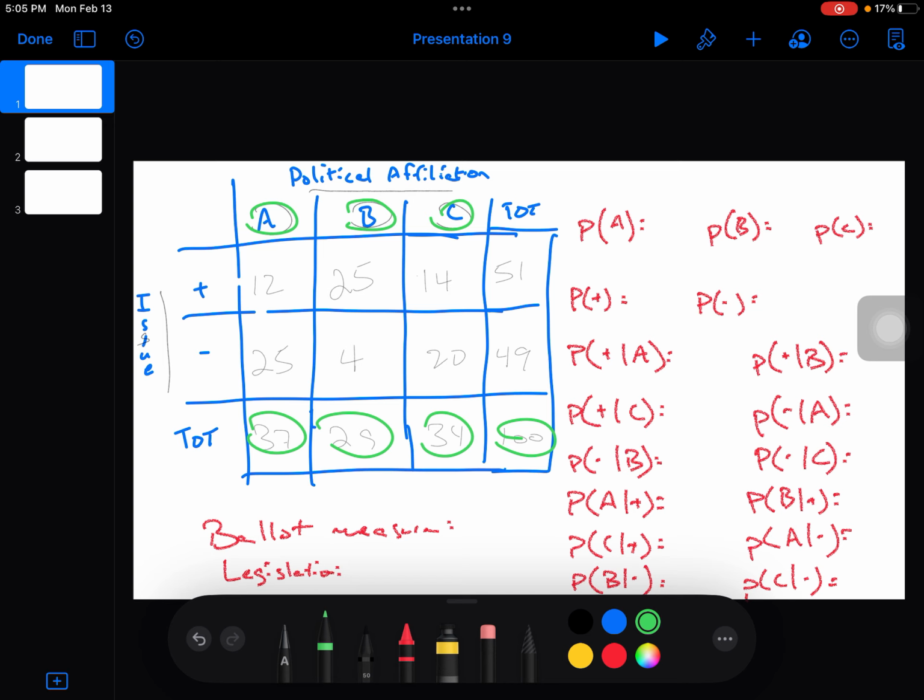And then on an issue, we've got for the issue plus or against the issue minus. 51% of the entire population is for, 49% is against.